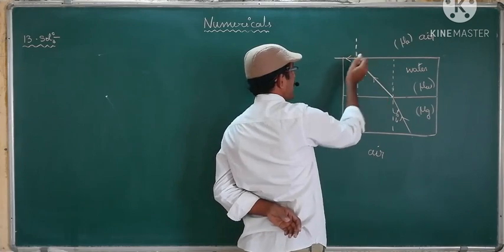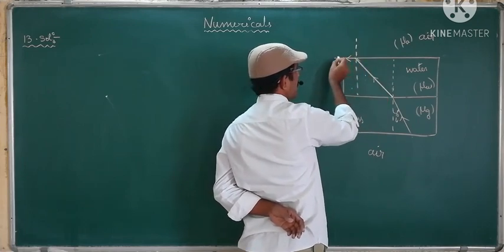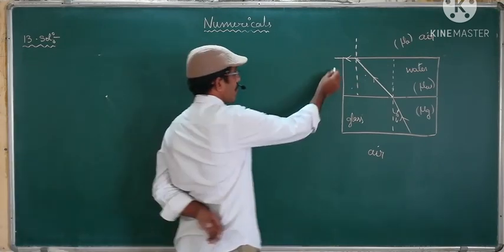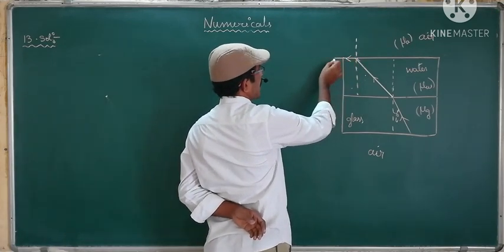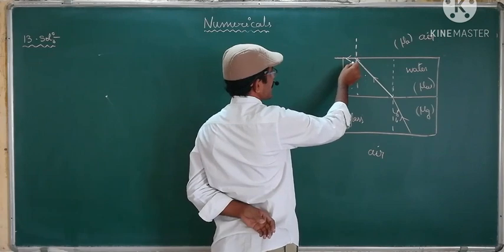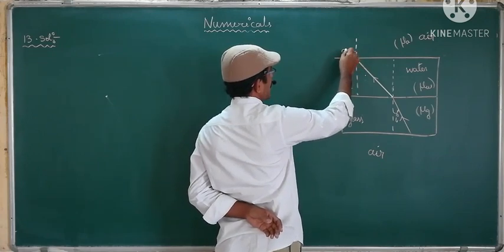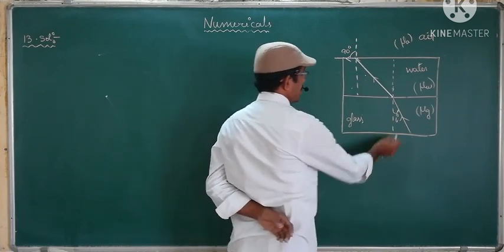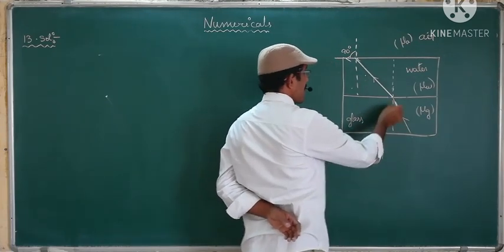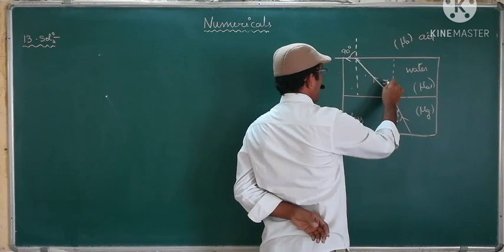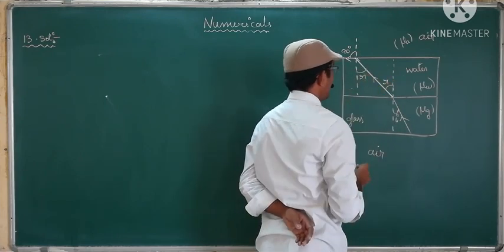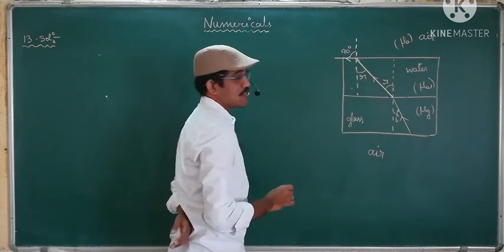Finally the emergent ray is parallel to the water surface. This is called the emergent ray. This is parallel to the water surface, meaning perpendicular to the normal. This is 90 degrees. And this is the angle of incidence, and this is the angle of refraction, and here also the same angle of refraction will be there.